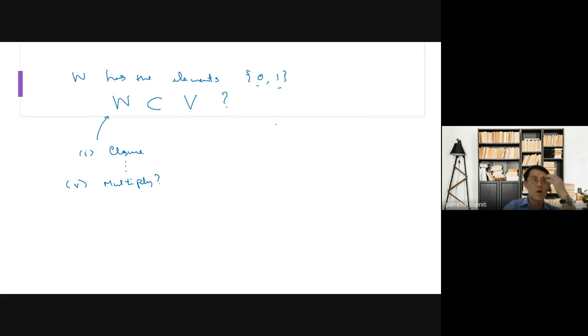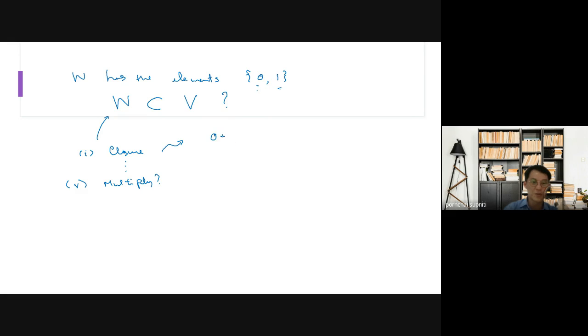Or you can test whether these elements, when they add up, will be in W or not. There are two ways. So let's do it quickly. Let's say closure.